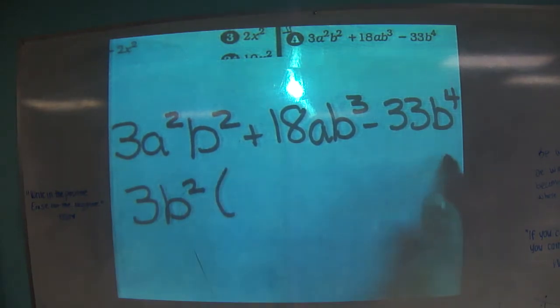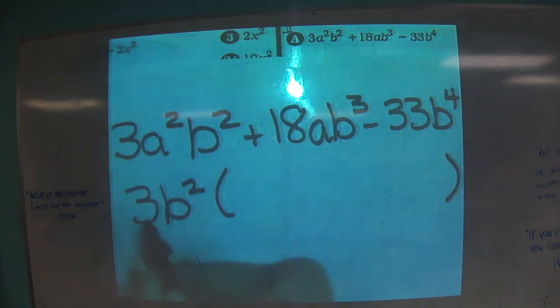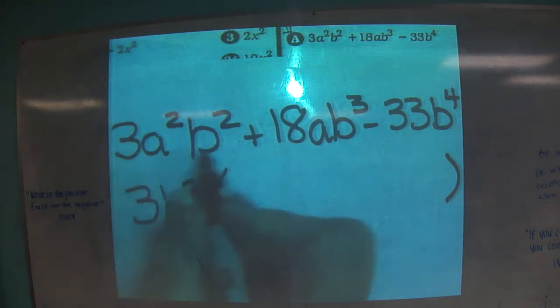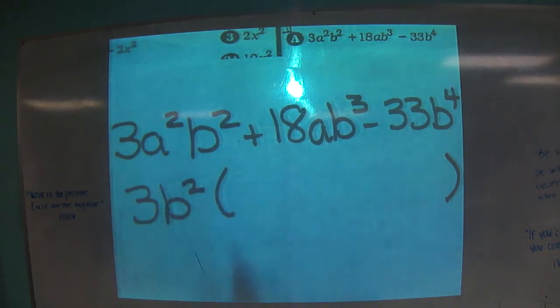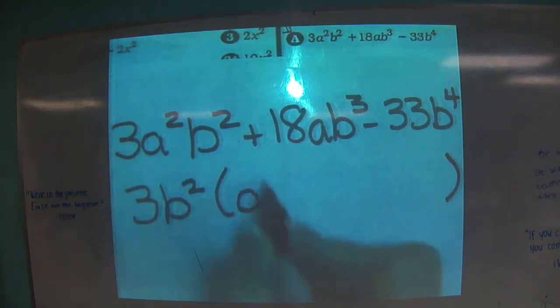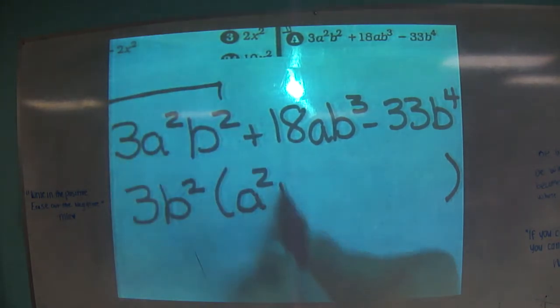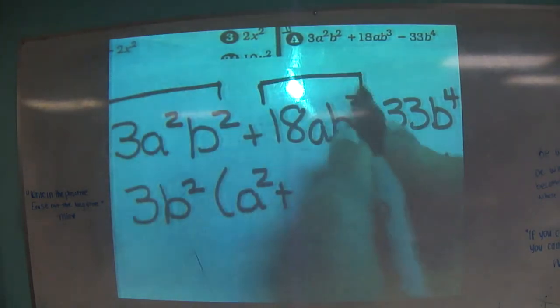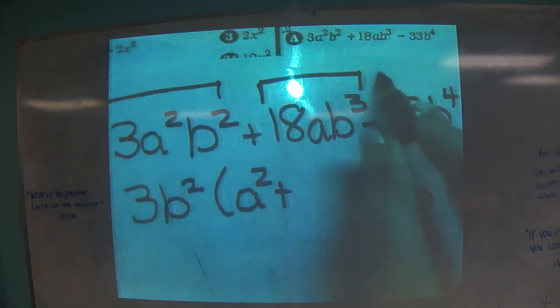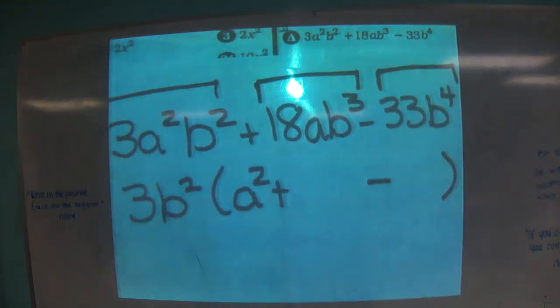Draw your parentheses. What's left after we take 3b squared out of the first term? Positive 18. Just a squared. First term. So we're only looking at this plus this minus this. We're taking out common factors.